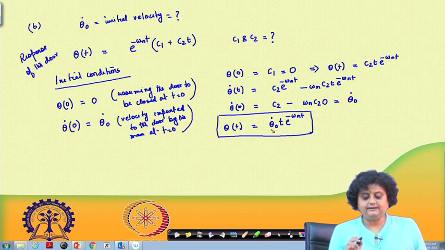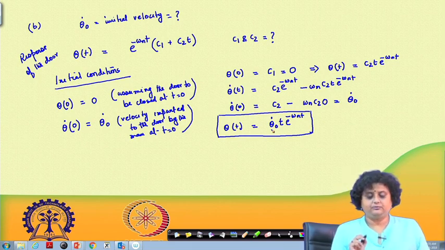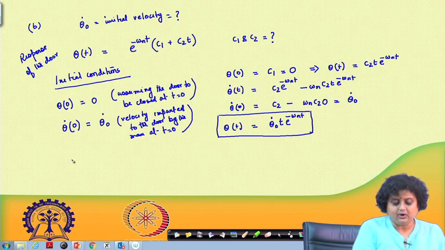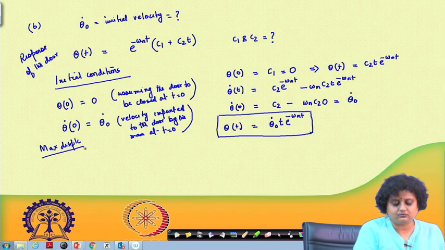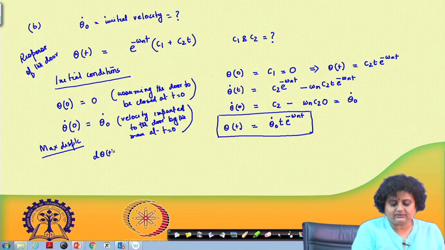So, let us find out when the maximum displacement is going to happen. To find the maximum theta, let us see when d theta by dt becomes equal to 0.